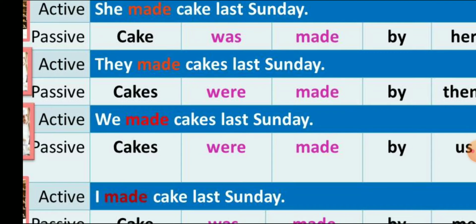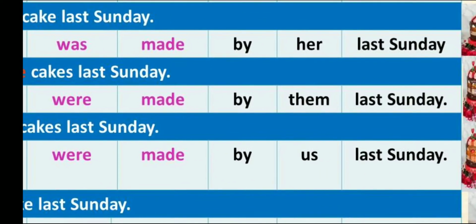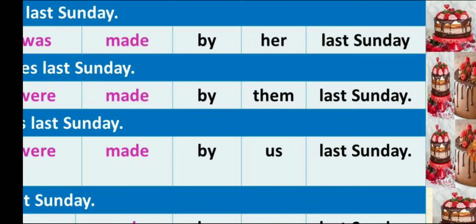So it should agree with plural past verb, the be verb, that is were plus made, past participle form for make, by them. Them is the objective case for they. So the sentence here is cakes were made by them last Sunday.